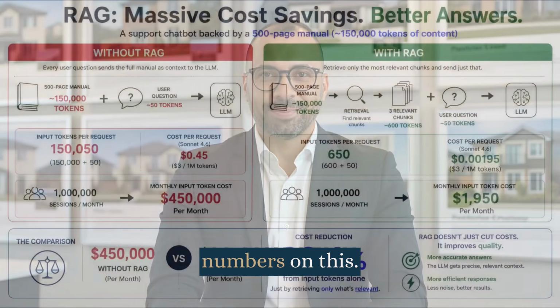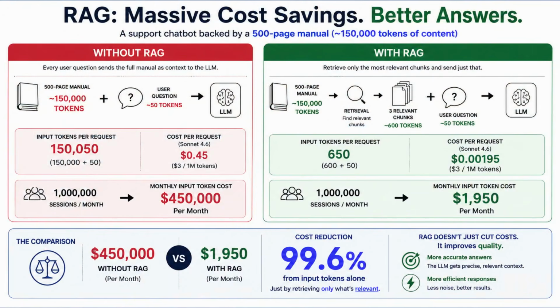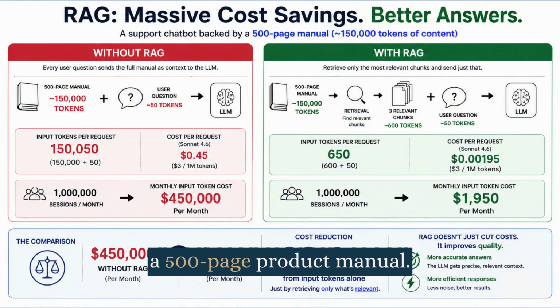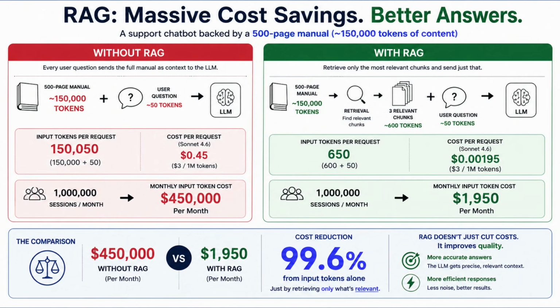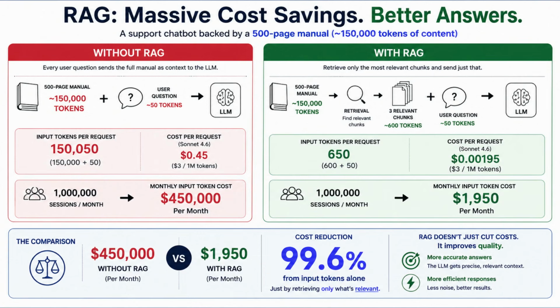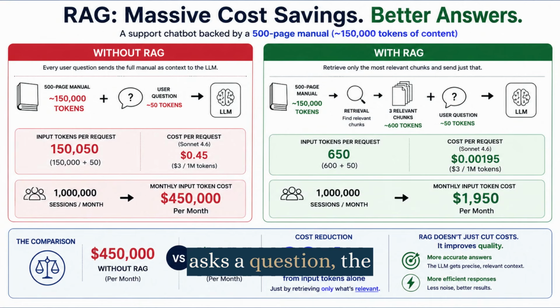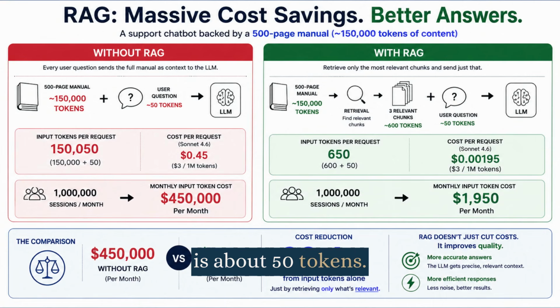Let's put some real numbers on this. Imagine you're building a customer support chatbot. Behind that chatbot is a 500-page product manual. That's roughly 150,000 tokens of content. Now let's see what happens without RAG. Every time a customer asks a question, the entire manual gets sent to the LLM, all 150,000 tokens, plus the user's question. Let's say the question is about 50 tokens.